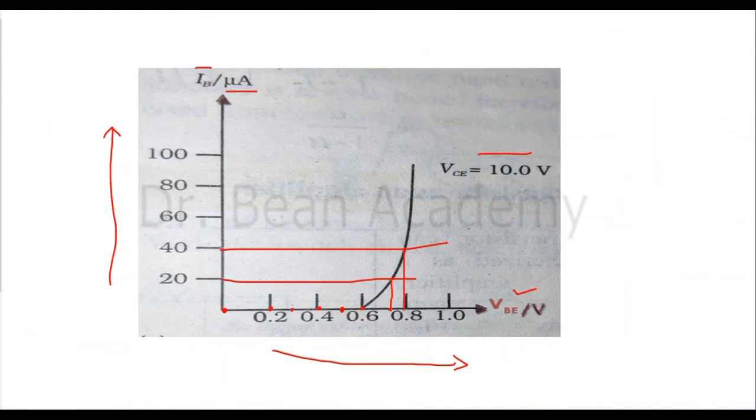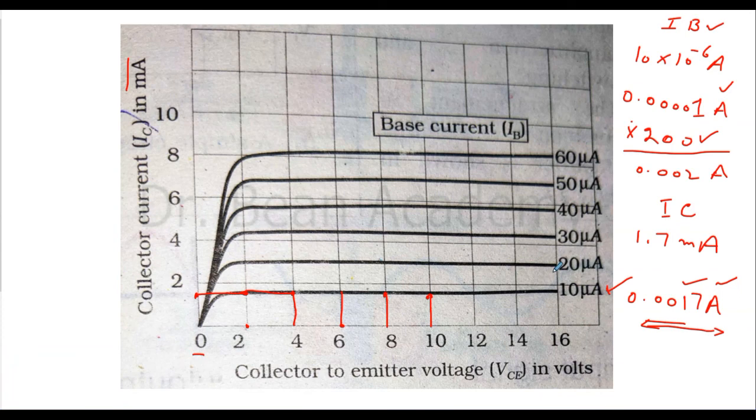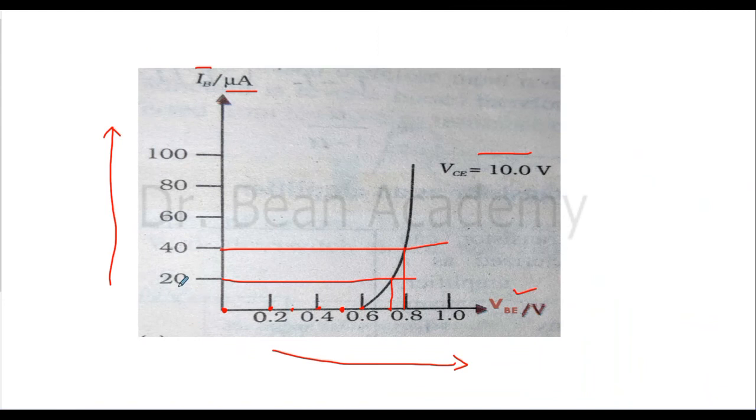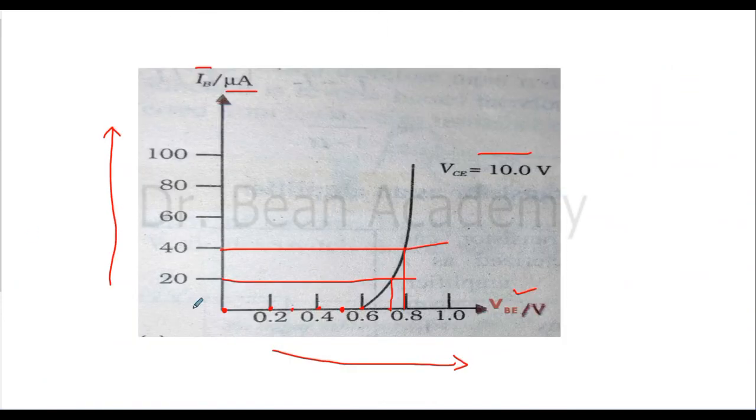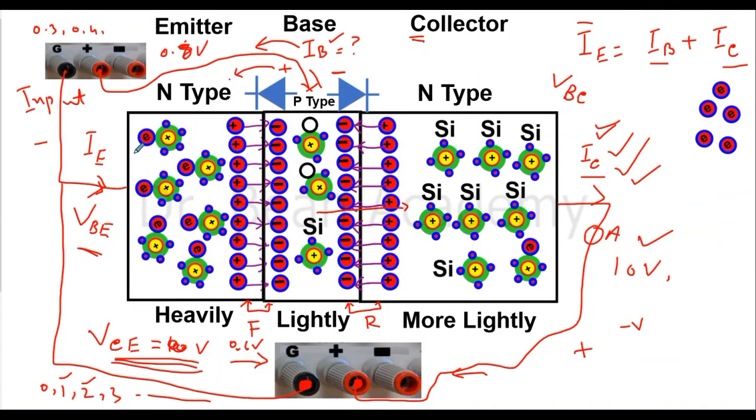For example, you want to get 20 microampere current from the base. You will set the voltage across the base and emitter close to 0.7, and when you set that voltage, the current you get from the base should be 20, and you will just leave it there.